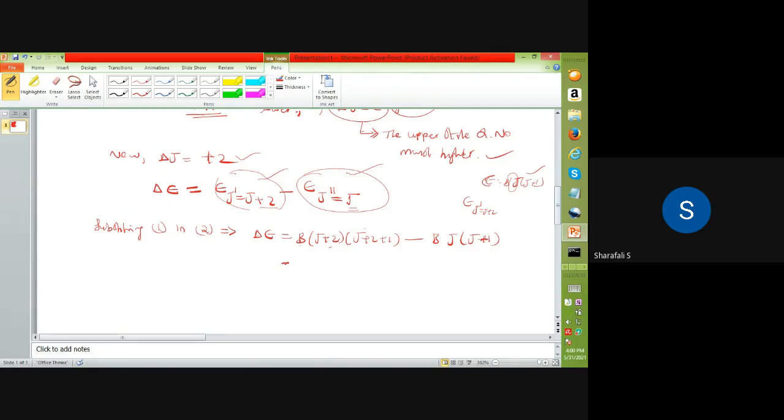So this will be equal to b into j plus 2 into j plus 2 plus 1. So how this will come? Plus the form from j square, j into b plus 2j, j into 1. Then second term, plus 2j, 2 into 3. Okay, I can take plus 3, and then minus b into j square plus j.